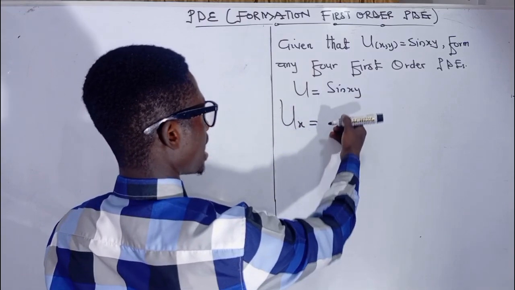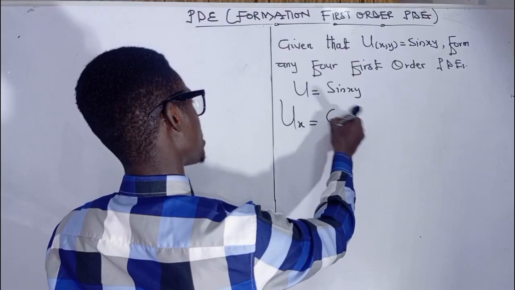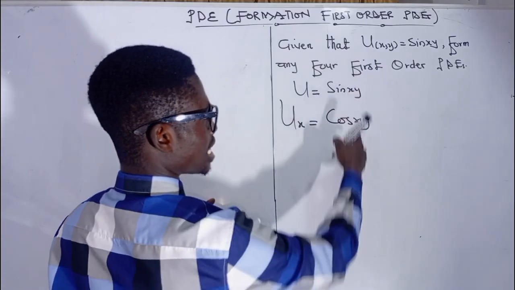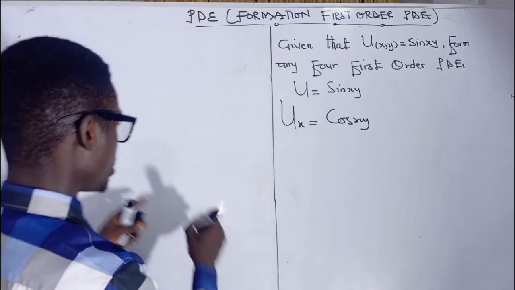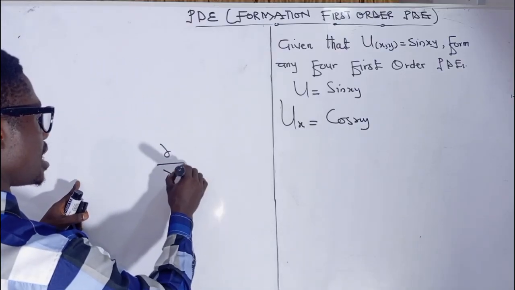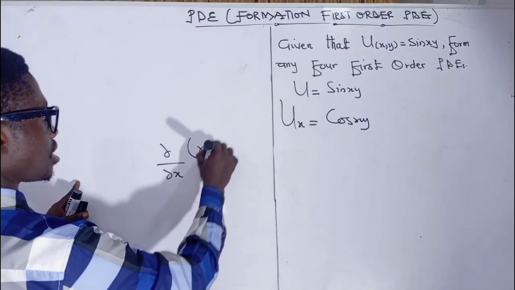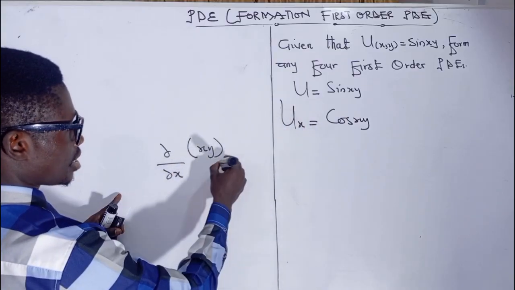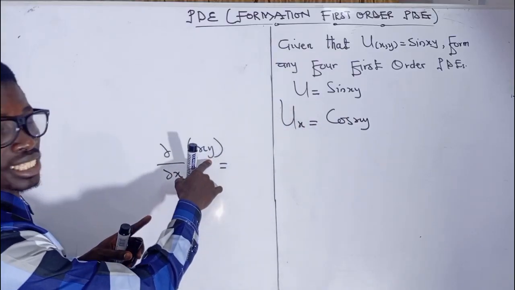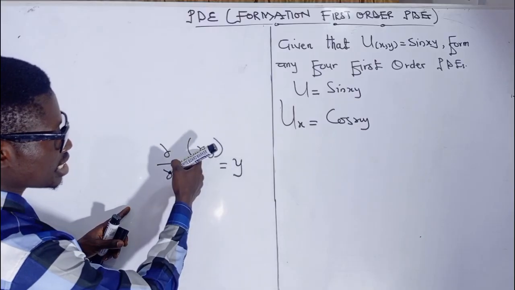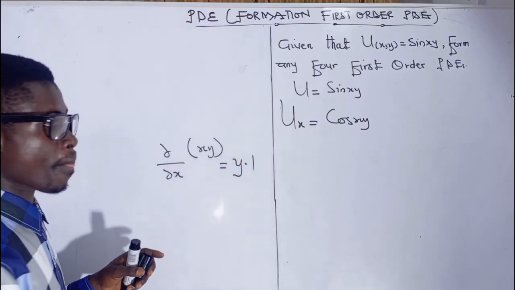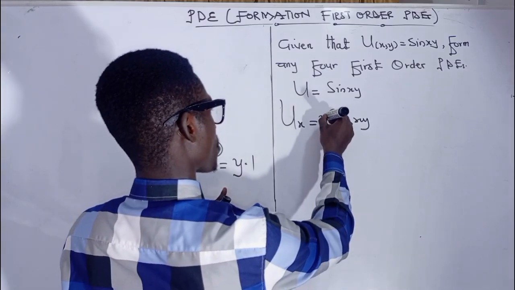When we differentiate sin(xy), we are getting cos(xy). Then we differentiate the inside, xy, with respect to x. We keep y as a constant. Then we differentiate x with respect to x, and that's going to give us 1. So we are going to have y cos(xy).